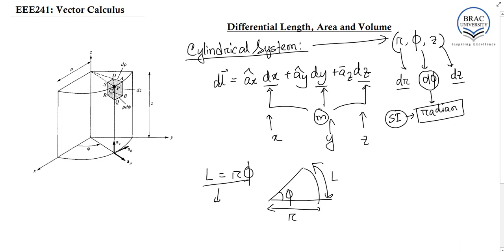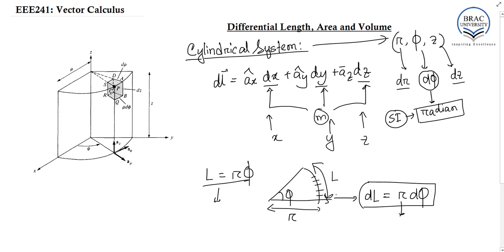Well, if we divide this arc into infinitesimally small portions, each of the portions given by dl, then dl will be r d phi, right? Where r is a constant that denotes the radius of the arc.